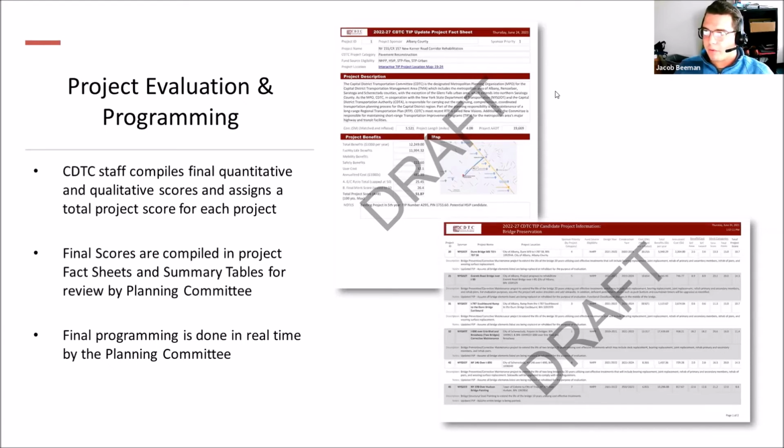And it's a quick reference to move down the list and see all of the details on all the pavement projects at once, all of the bridge projects at once, bike and ped, and so on. So again, we provide these to the planning committee members well in advance of the final meeting where the programming will be done, and these are the final documentation of all of the projects that we'll receive during a particular solicitation, meant to highlight all the details.